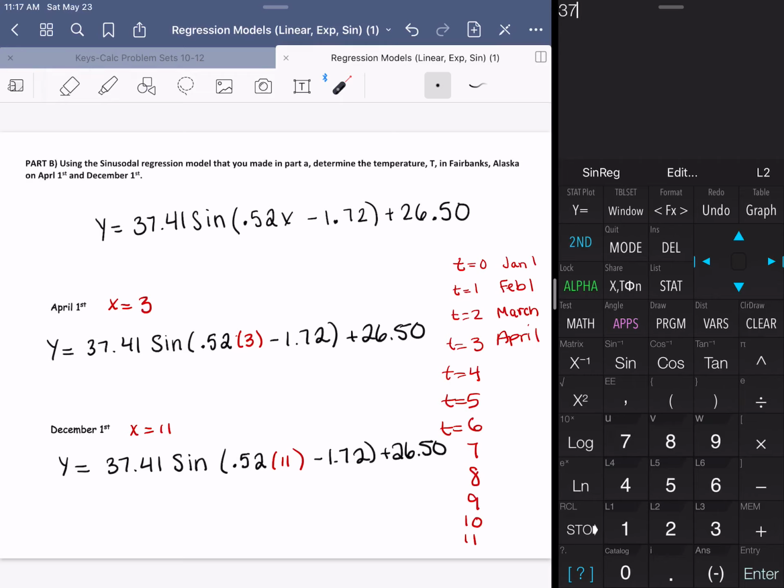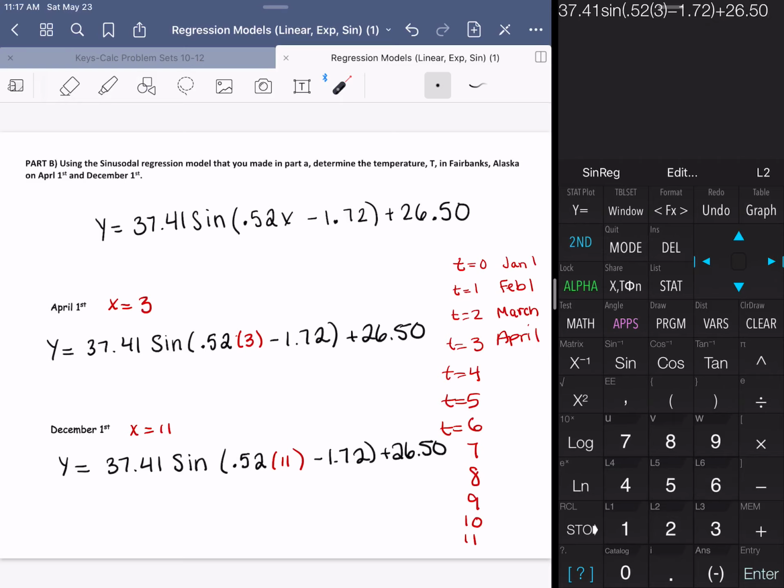If we do the first one, 37.41 sine 0.52 parentheses 3, make sure you close it, minus 1.72, then close that parenthesis, plus 26.50.